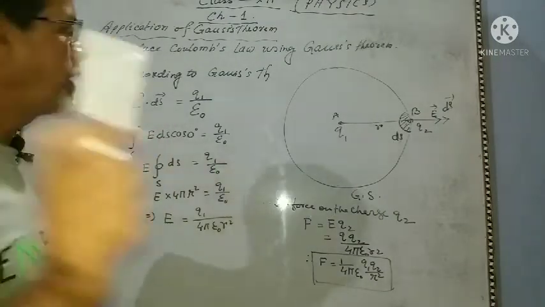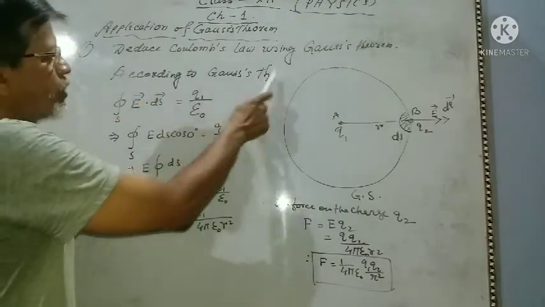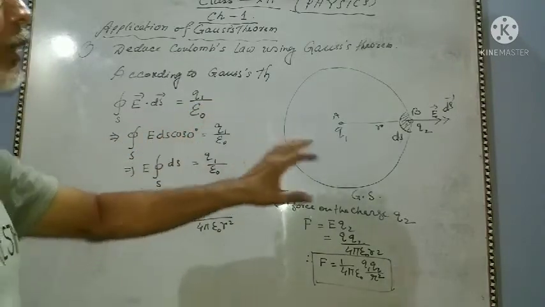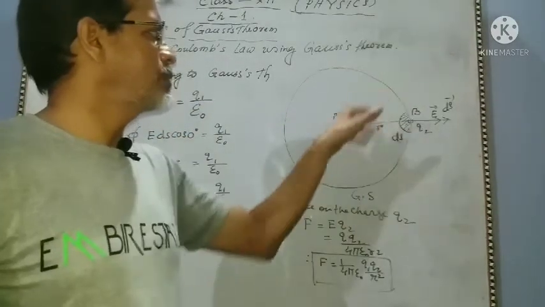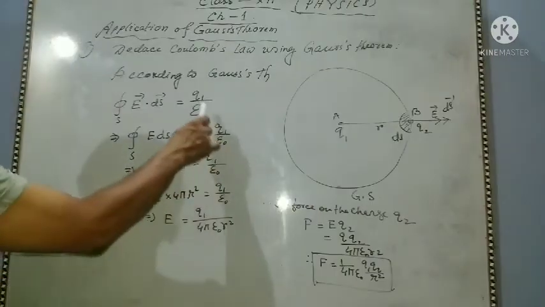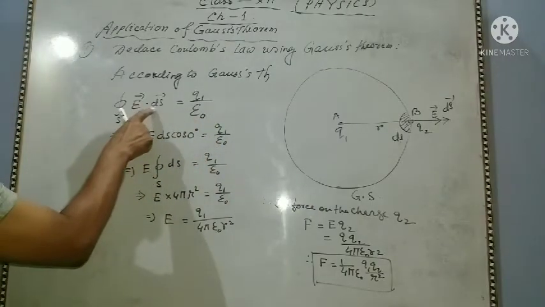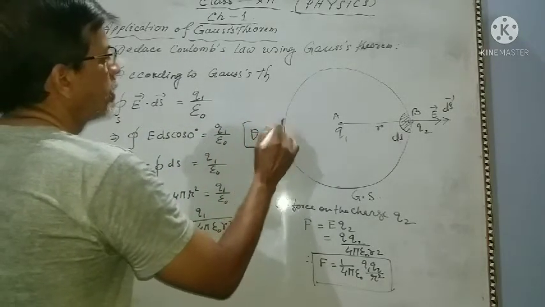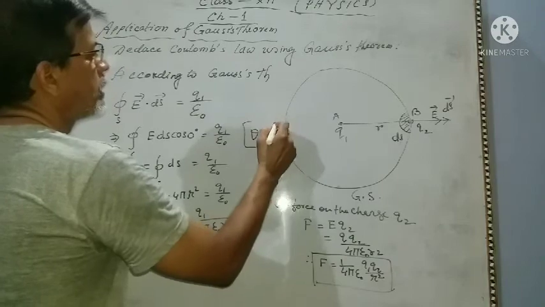Now we put in the Gauss theorem: E dot ds equal to Q by epsilon naught. The charge enclosed by the Gaussian surface is Q1, so this is Q1 by epsilon naught. Theta is 0 degree.